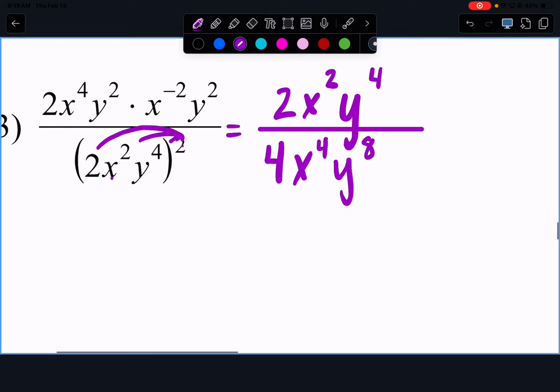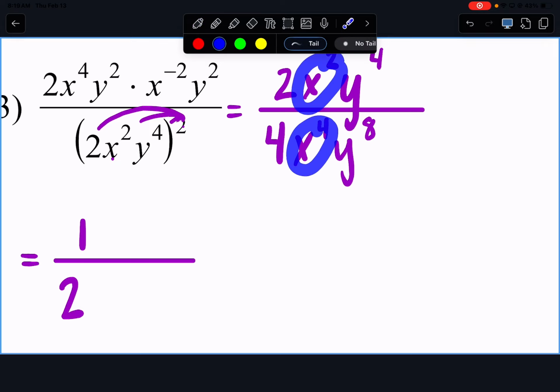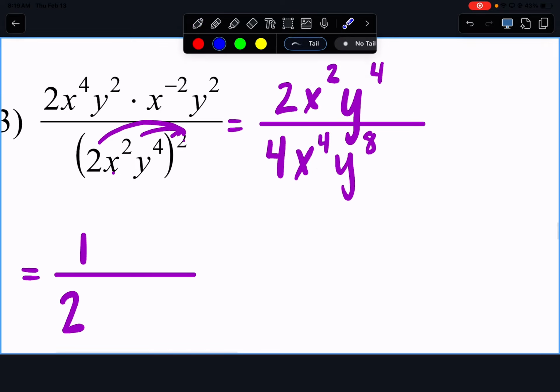Now we just simplify that. Can I simplify the 2 over the 4? To what? Now, for the x squared over x to the 4th, when I divide, what do I do with exponents? What is 2 minus 4?